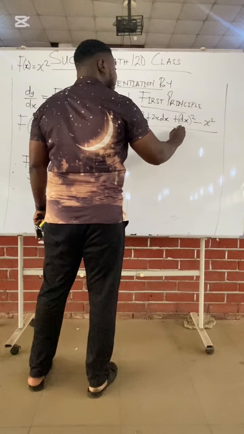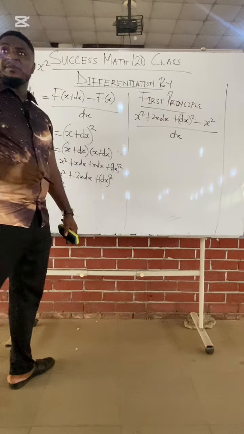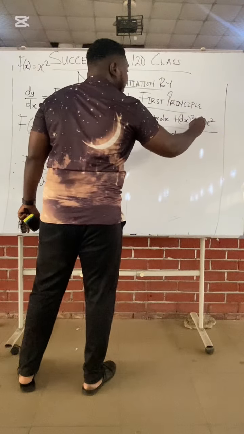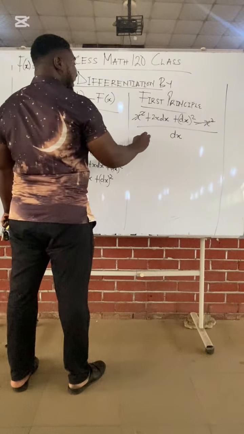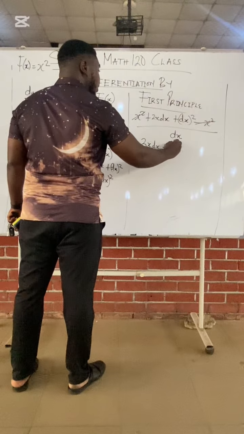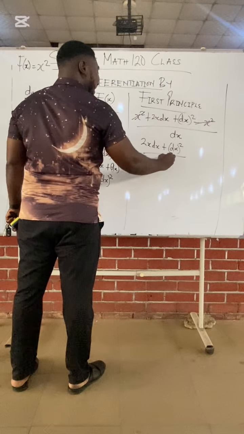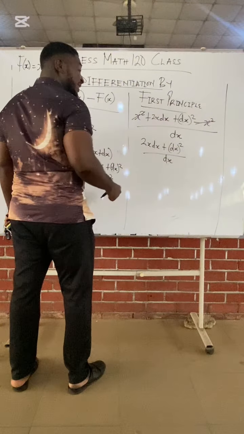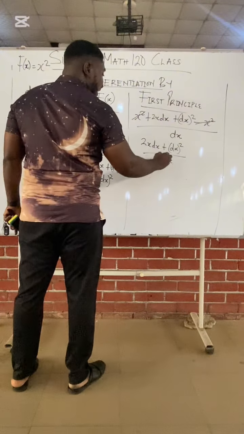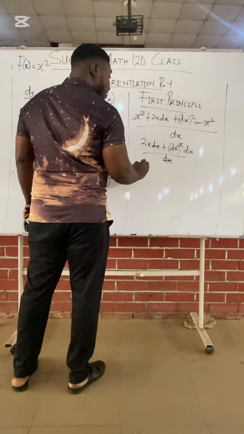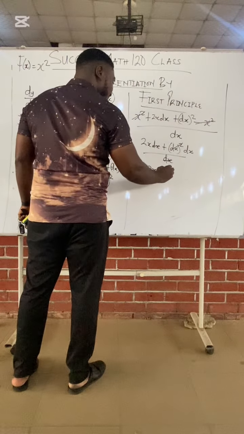Everybody divided by what? Dx. Class, x squared cancels x squared. X squared minus x squared is 0, right? We're now left with 2x dx plus dx squared all over dx. Class, all over dx means divide everybody on top by dx. Dx cancels dx here, and dx will cancel 1 dx, leaving 1 dx. You're now left with 2x plus dx.